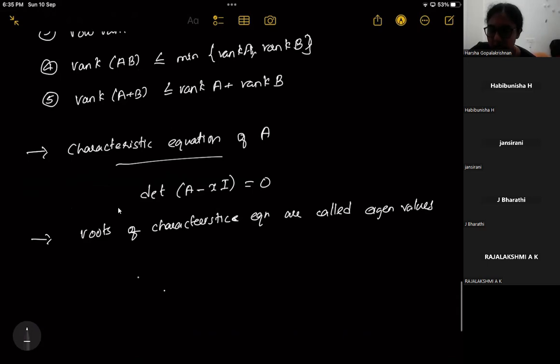This will be a polynomial equation of order n. So we will have at most n eigenvalues. The solution of that equation will have possible n roots, and those n roots are called the eigenvalues.